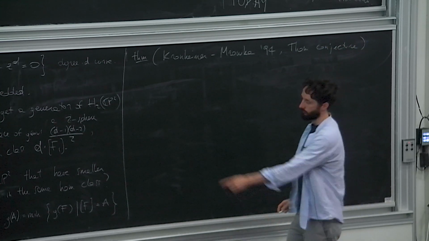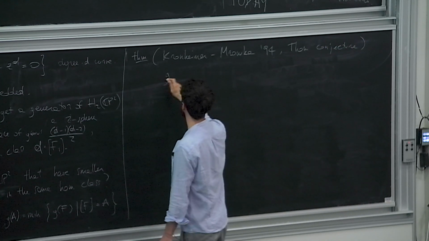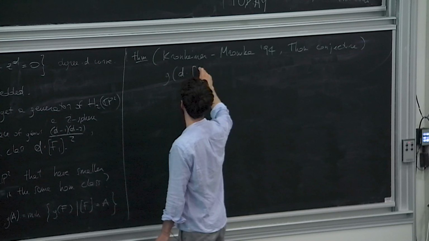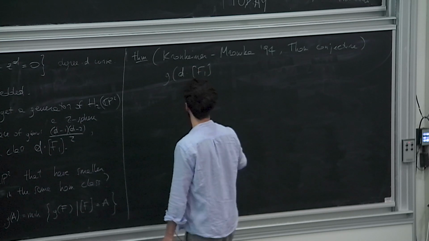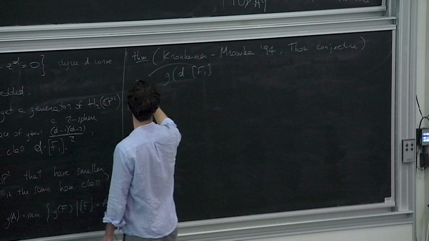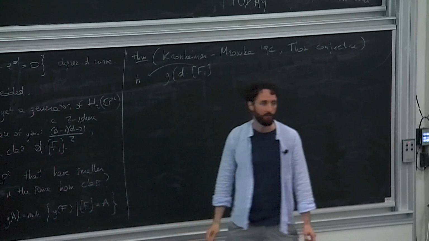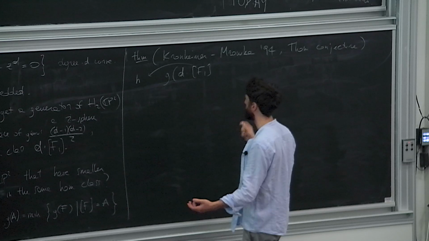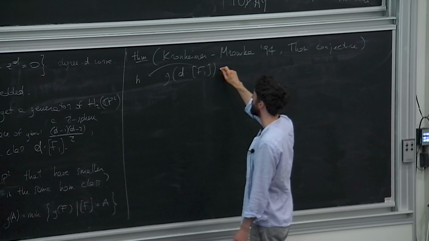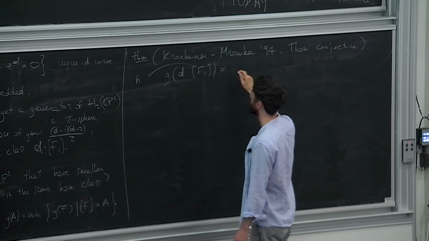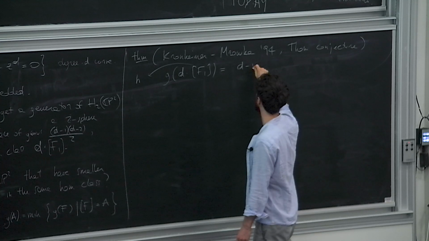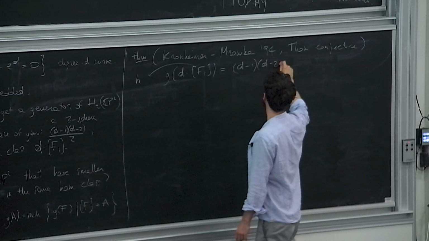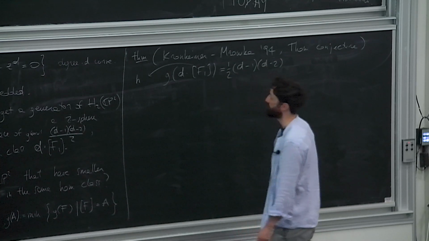I can state it using this language, that G of d times F_1, and oftentimes I will just call this homology class H, H for hyperplane, and not for line, is equal to (d-1)(d-2)/2.